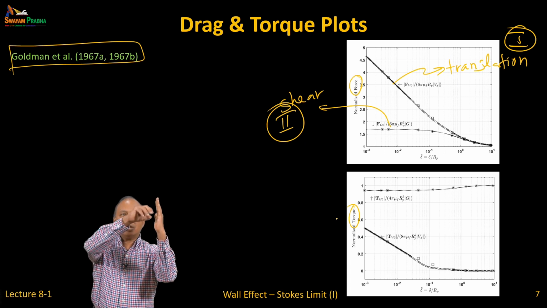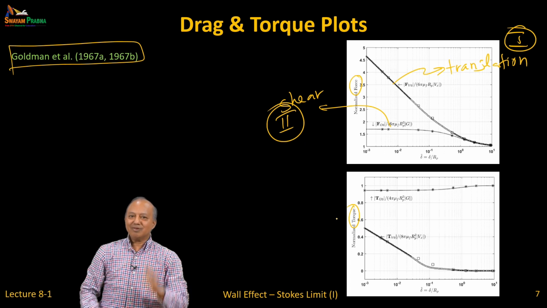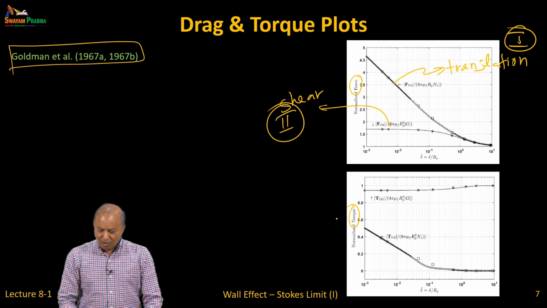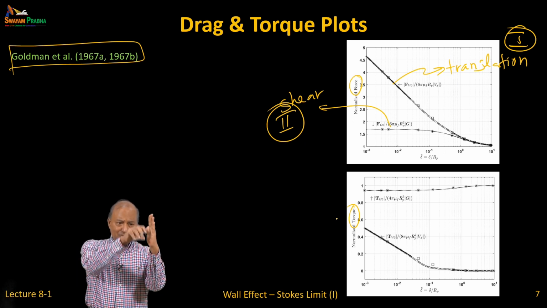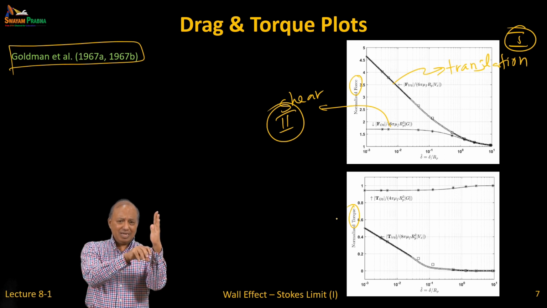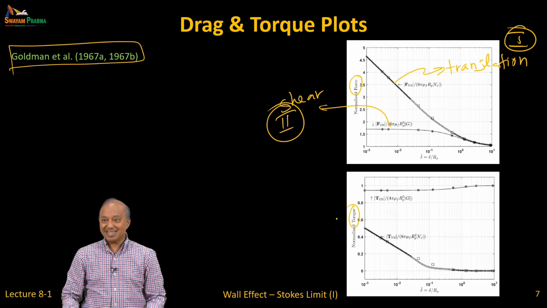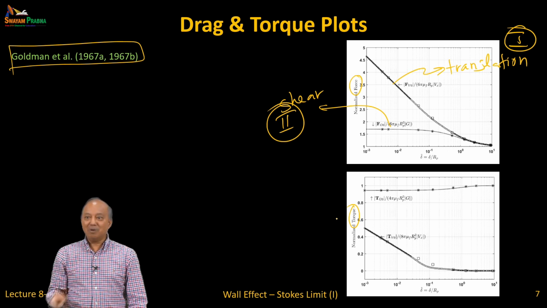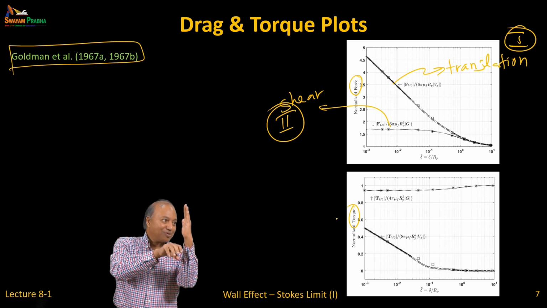You have a wall, particle is moving, falling parallel to the wall, and there will be a drag force on the particle, and the particle will also be spinning. A particle falling away from the wall will not spin, but a particle going parallel to the wall will spin.